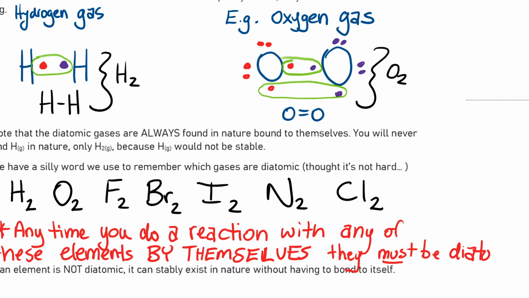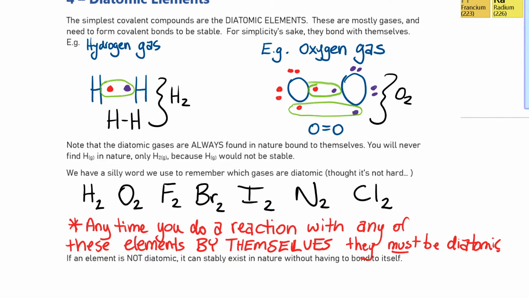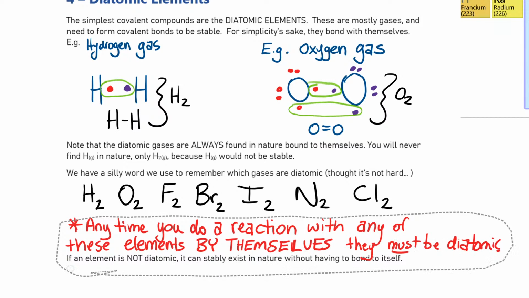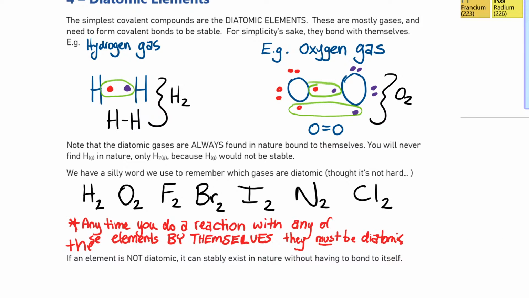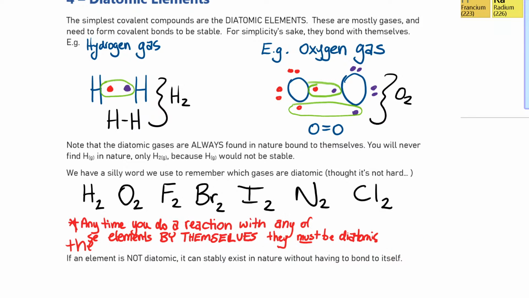And by diatomic, we just mean write it as 2. H2, O2, F2, Br2, I2, N2, Cl2. Anytime you do a reaction with any of these elements and they're by themselves, they must be shown to be diatomic.